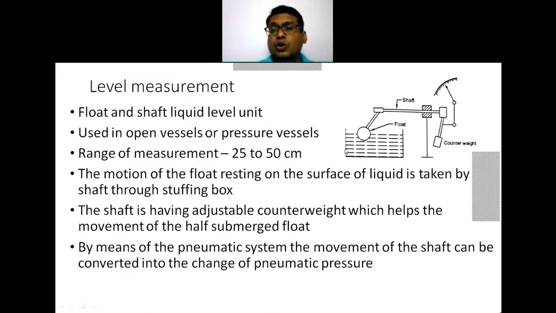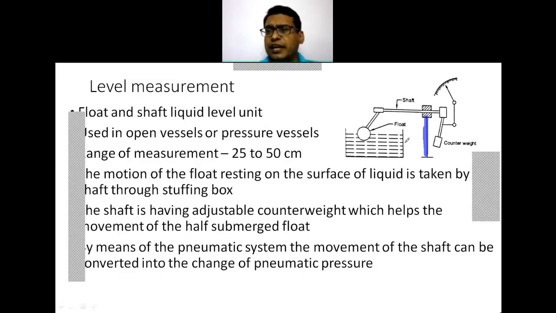If you look at this figure, in a liquid tank there is a float connected to a shaft, and this shaft passes through a wall or vessel, so that there is certain holding and it is retained at a fixed position.